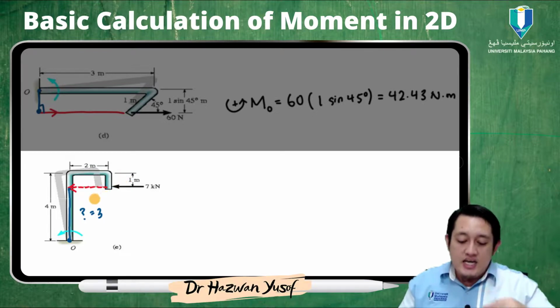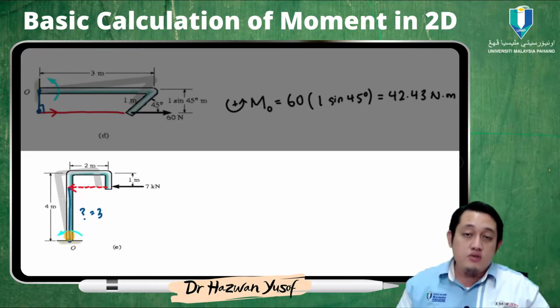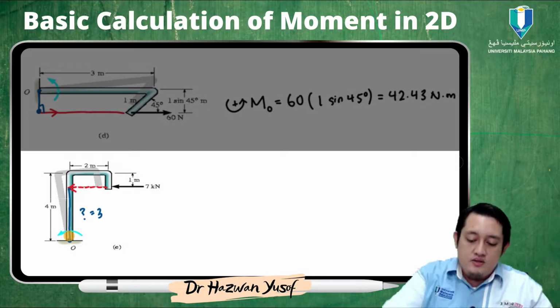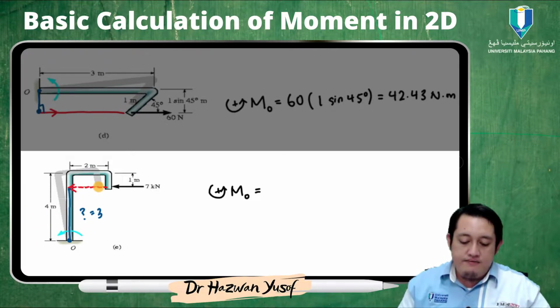Let's calculate this moment. The assumption of moment here is counterclockwise to be positive. So moment at O is equal to this 7 kilonewton. After we extend the force, we can see that this 7 kilonewton will rotate like this.